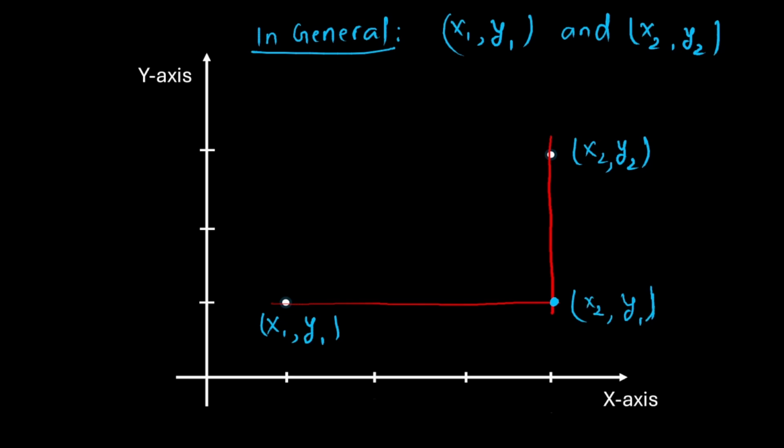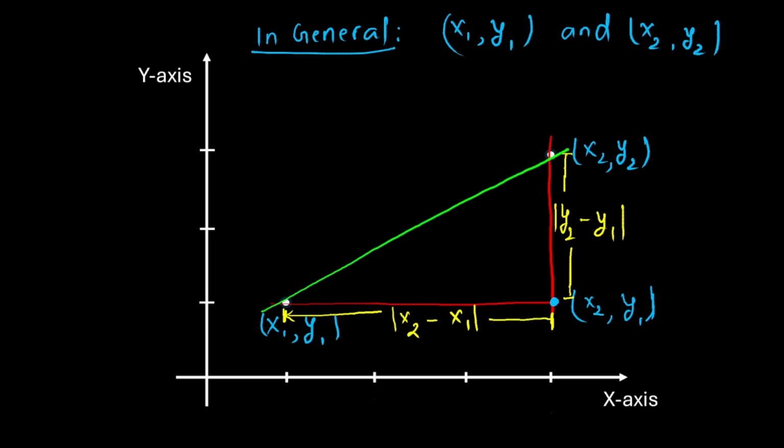Now let's calculate horizontal distance and vertical distance. So this horizontal distance is x2 minus x1, and this distance is y2 minus y1, right? We have discussed it earlier. Vertical distance is subtraction of y coordinates and horizontal distance is subtraction of x coordinates, right? About this distance, this is the hypotenuse of this right angle triangle.